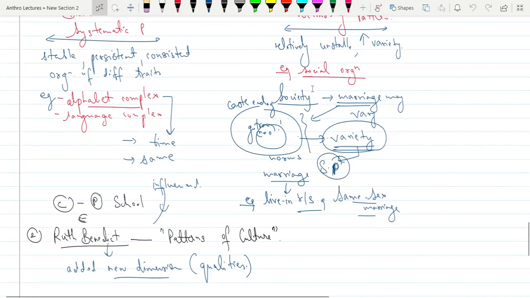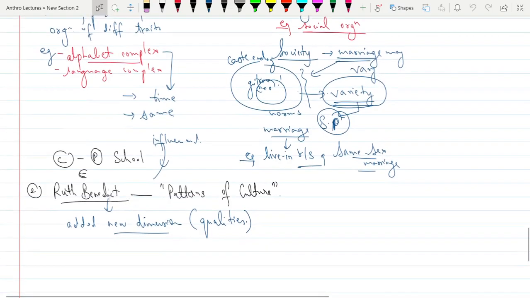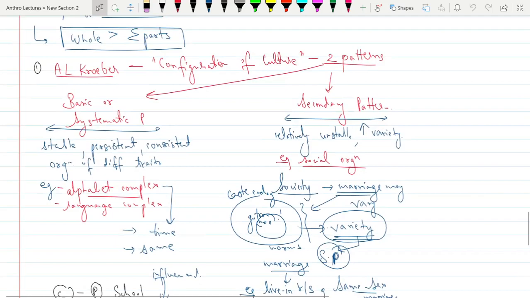After this, we moved on to study about Ruth Benedict and her contribution in this study of patterns of culture. So when I was teaching this A.L. Kroeber part, there was an issue with my mic, and so I will be repeating this topic from here onwards.